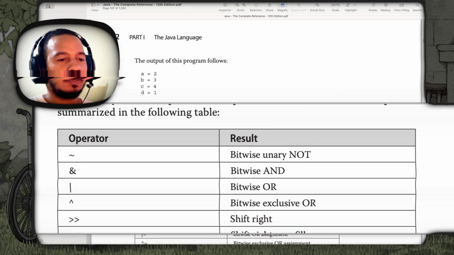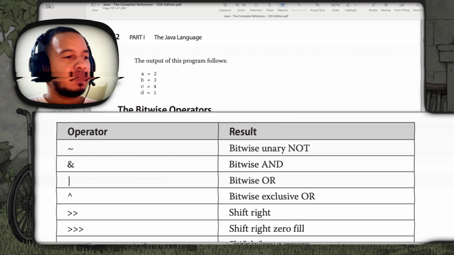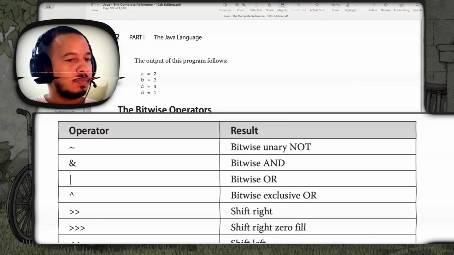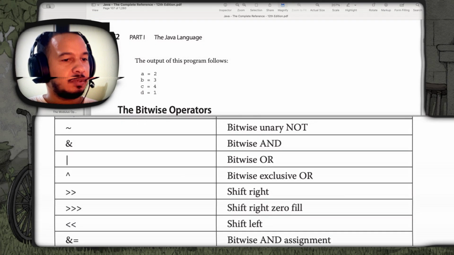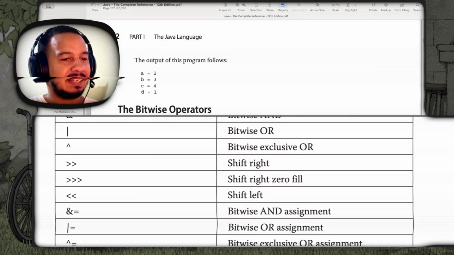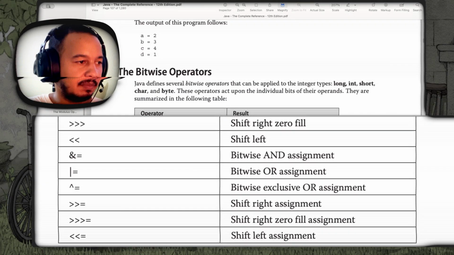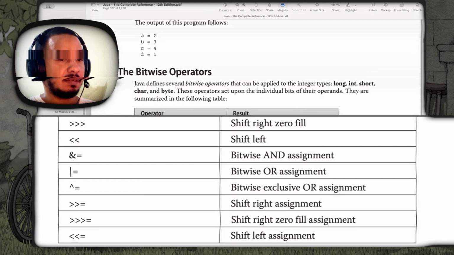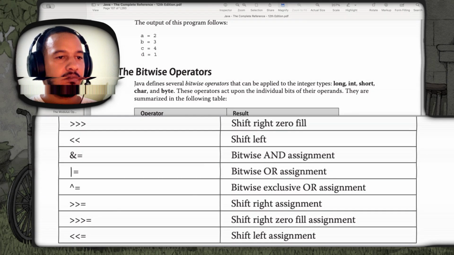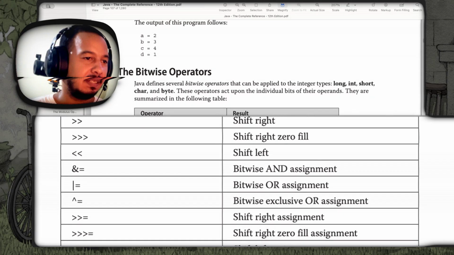Operator, result: bitwise unary NOT, bitwise AND, bitwise OR, bitwise exclusive OR, shift right, shift right zero fill, shift left, bitwise AND assignment, bitwise OR assignment, bitwise exclusive OR assignment, shift right assignment, shift right zero fill assignment, shift left assignment.